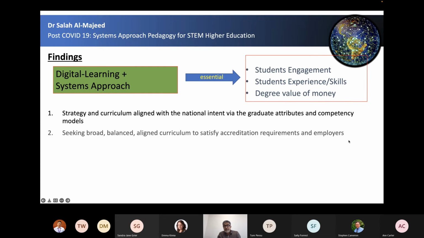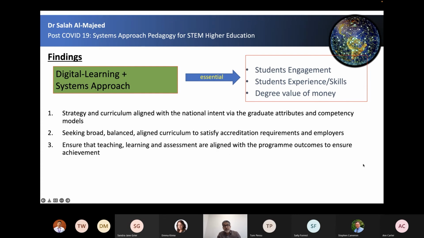So what we have been looking at and what we found is digital learning, of course, not online learning. Digital learning is more than that. And with a system approach, we can focus, for now, on the main issues around students' engagement, students' experience and skills, and to prove that our degree is a degree of value for money.